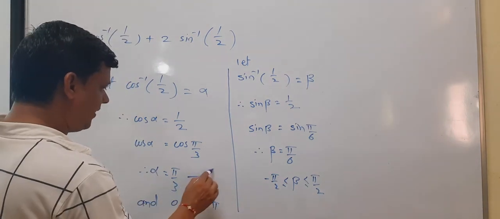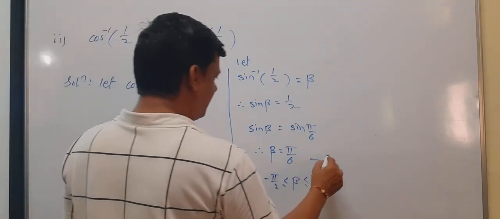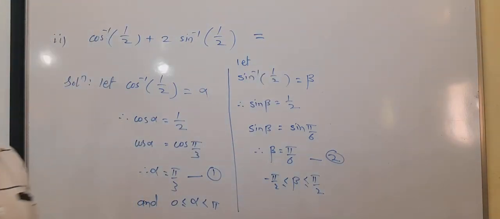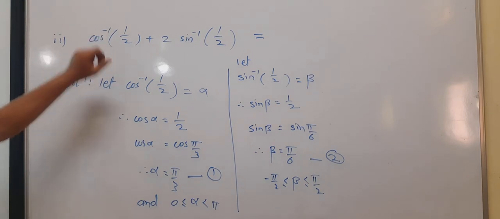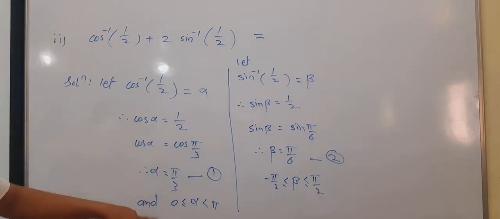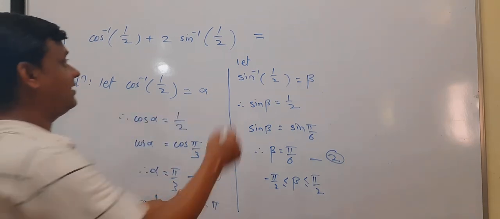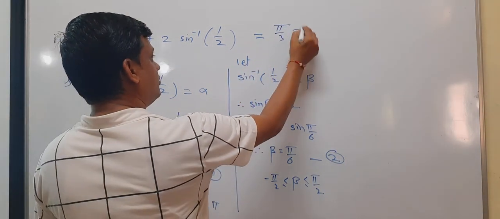So we denote alpha by pi by 3 and beta by pi by 6, and after substituting these values, we get cos inverse of 1 by 2, which we calculated as alpha equal to pi by 3. So we substitute pi by 3.